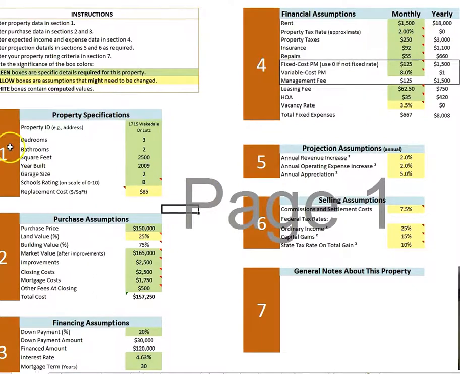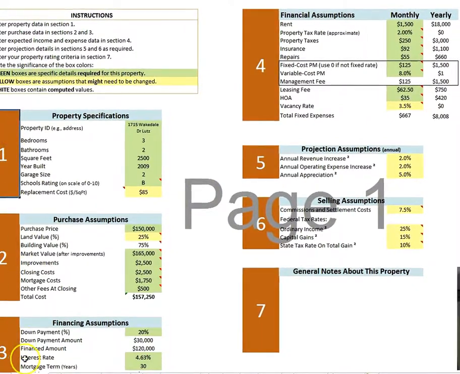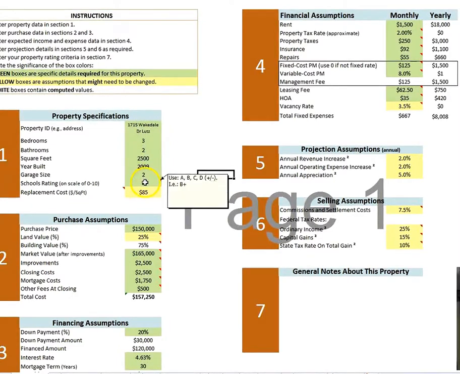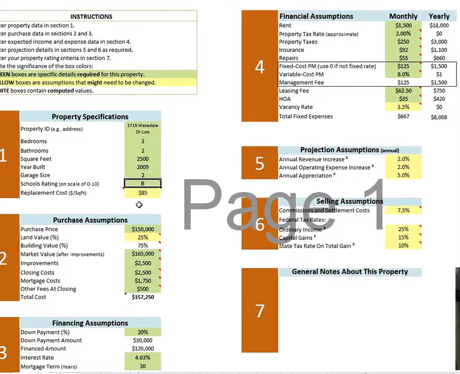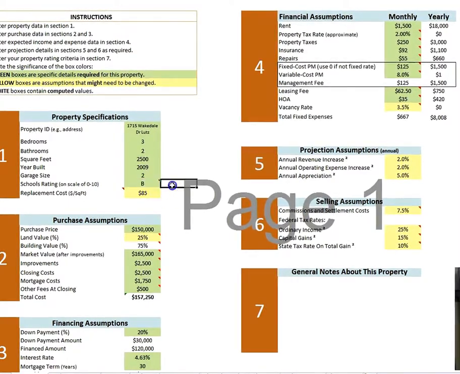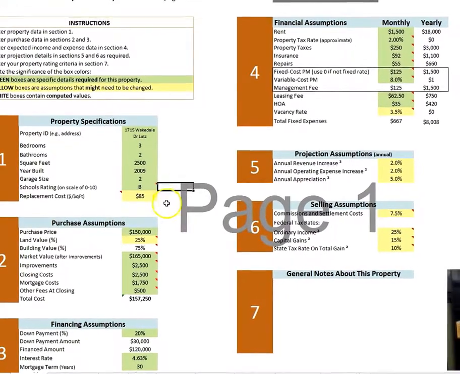So we start with section 1 on the Start Here tab, and we plug in the property information. We change the schools rating from a 1 through 10 to an A, B, C, D method. It's just easier to address it.